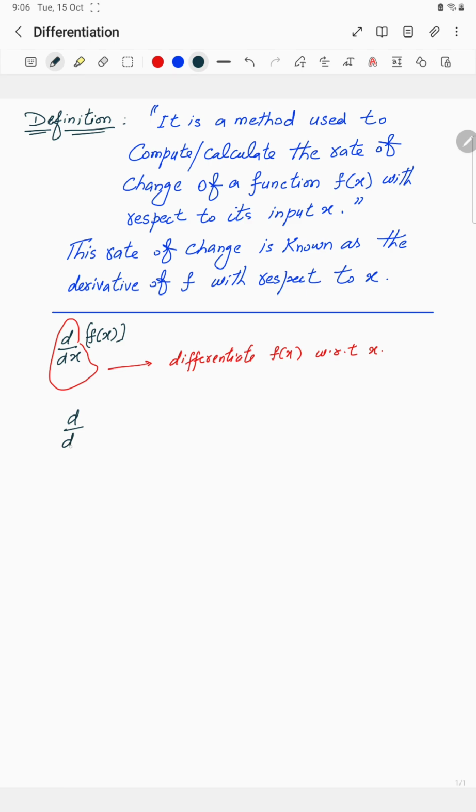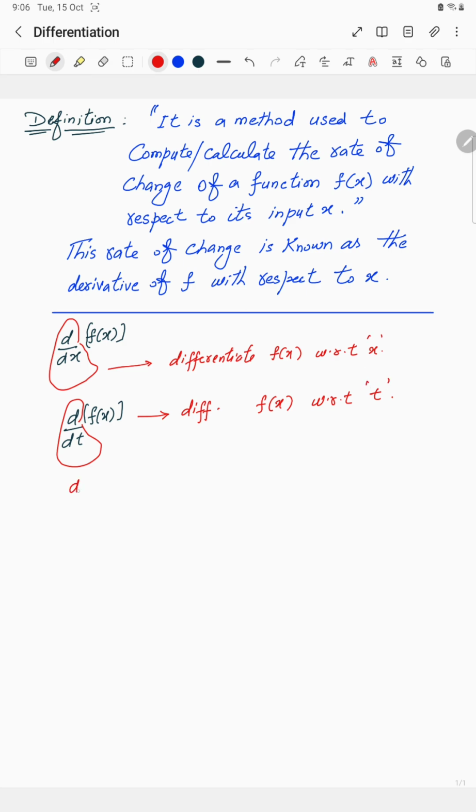If we write d by dt of f of x, it means we are going to differentiate f of x with respect to the variable t, right?